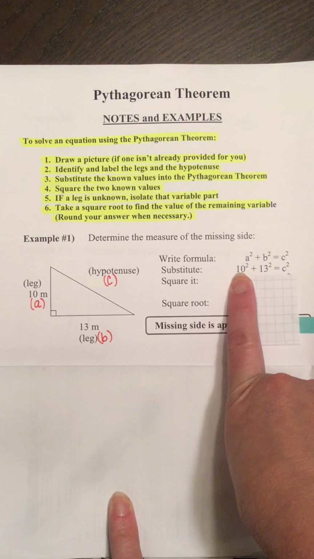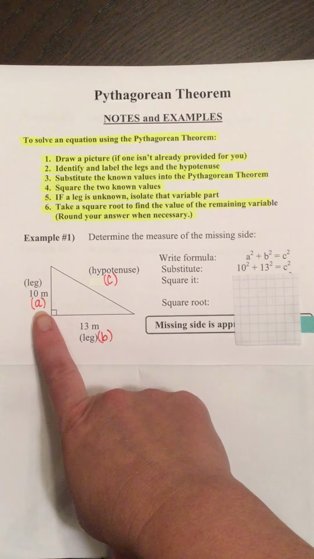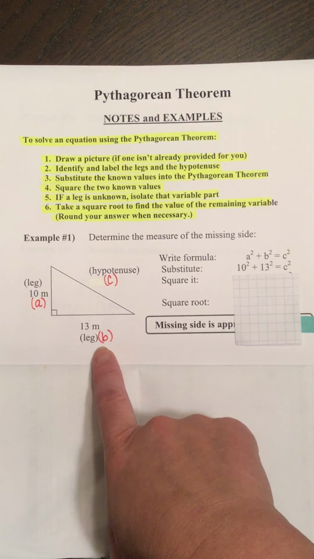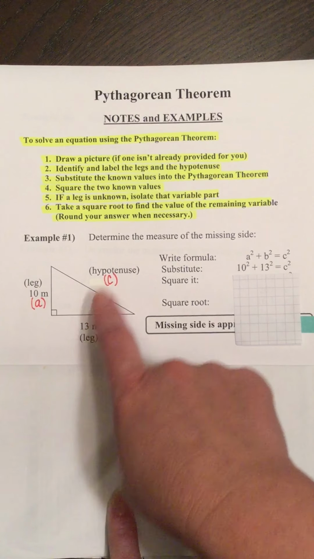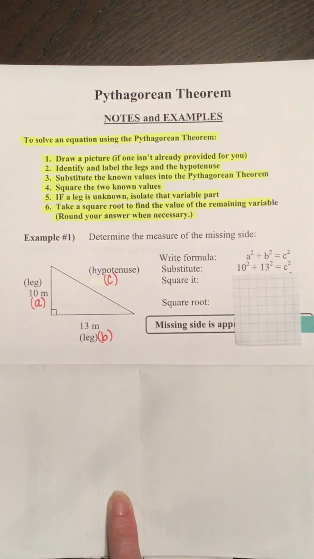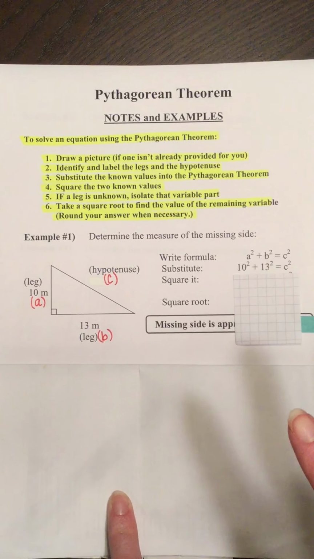So 10 squared plus 13 squared equals C squared. So leg A, 10, and we square it, plus leg B, 13, and we square it, equals C squared. Obviously we're trying to find our hypotenuse.